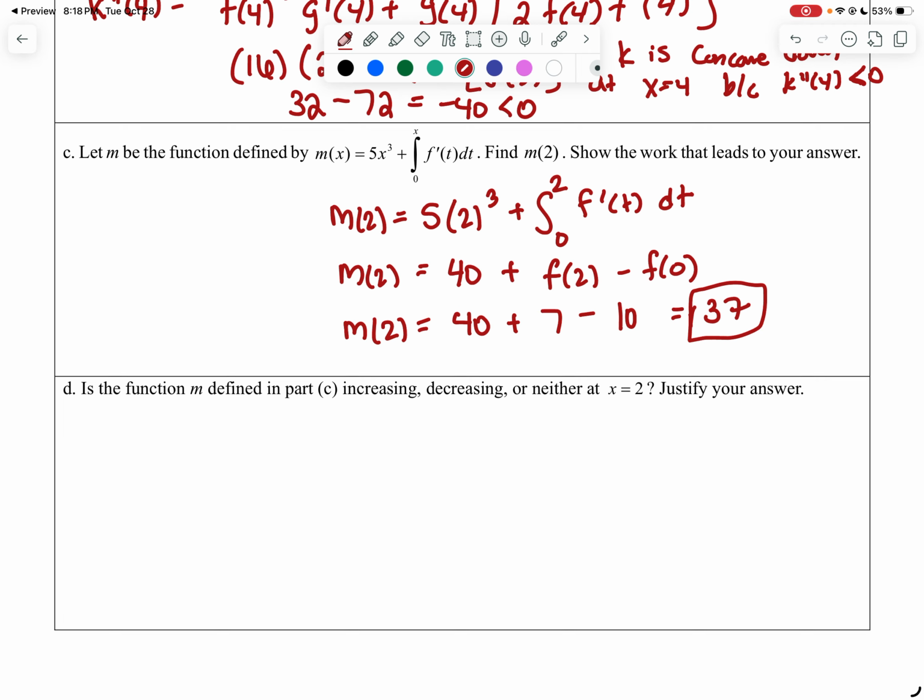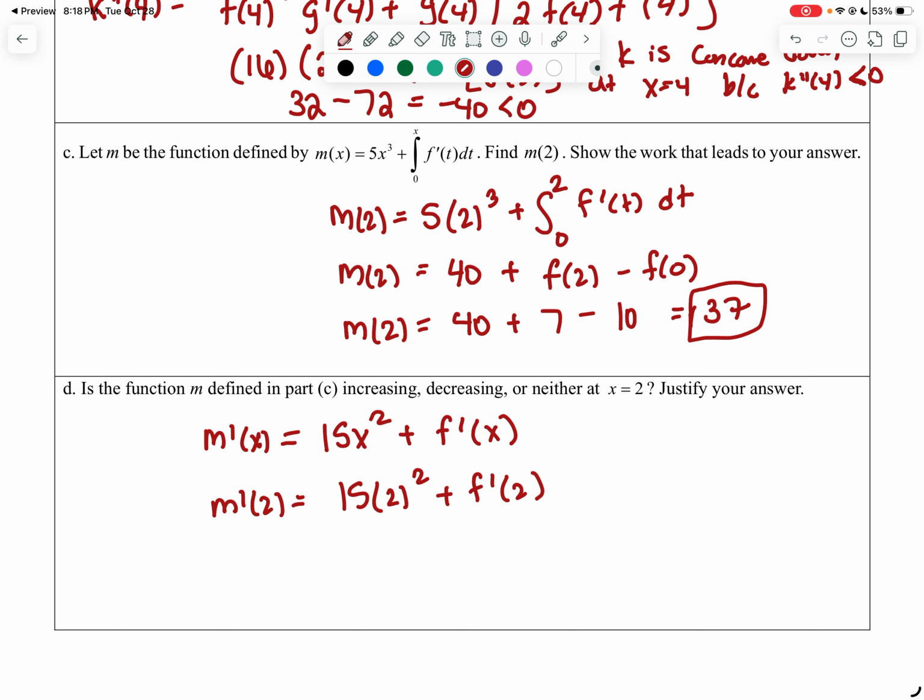If that derivative is 0, nothing's happening. So that gives us 15x squared plus f prime of x. We are looking at 2. F prime of 2. 60 minus 8 is equal to 52.